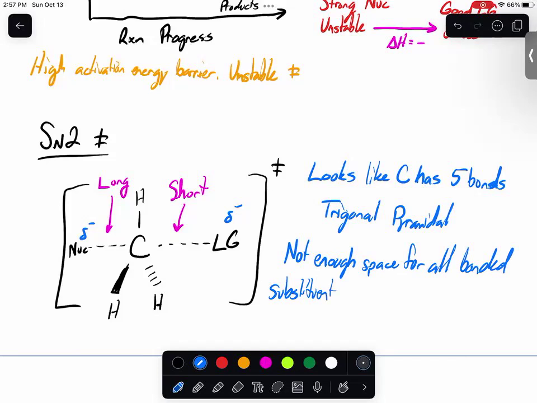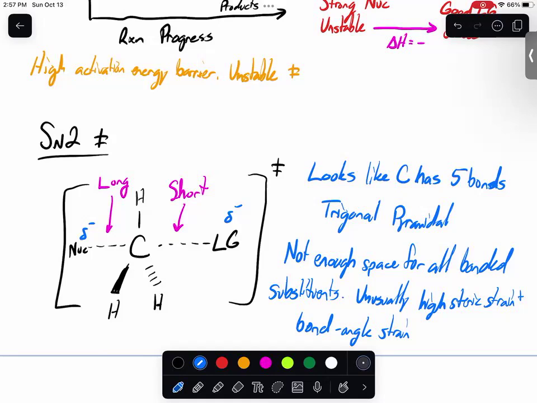This leads to unusually high steric strain as well as bond angle strain, right? All of these things want to be in a certain position, but they're each bumping each other out of the way.